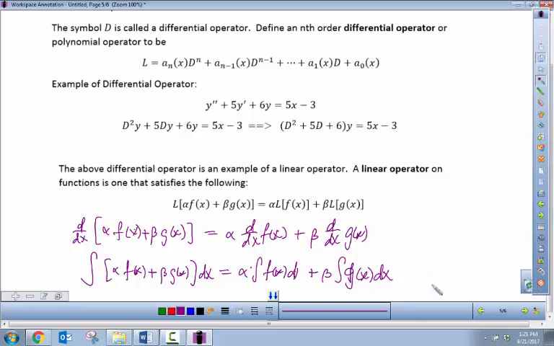There are a lot of linear operators in linear algebra. All those matrices work as linear transformations, linear operators, and you can factor out an alpha and split up the addition of things. If you're in linear algebra, we'll see that sometime in the future.